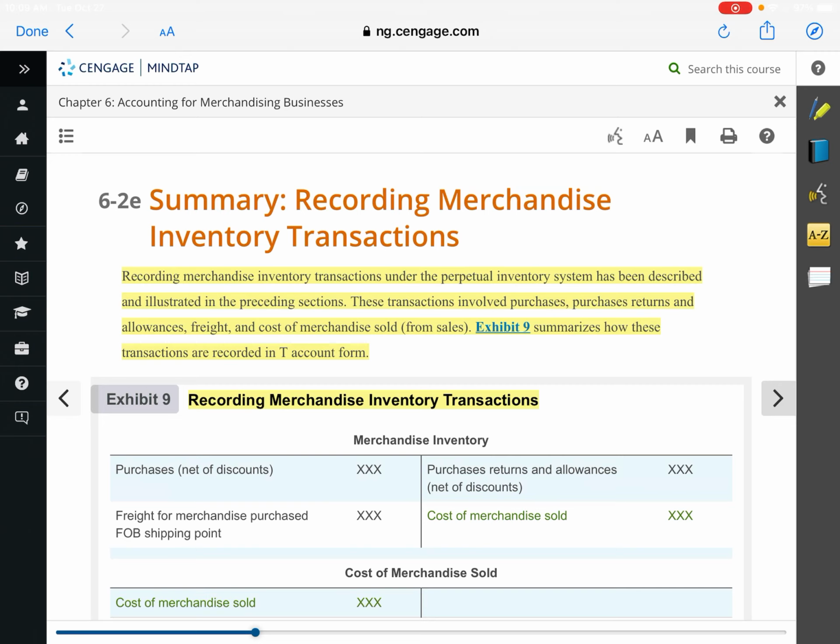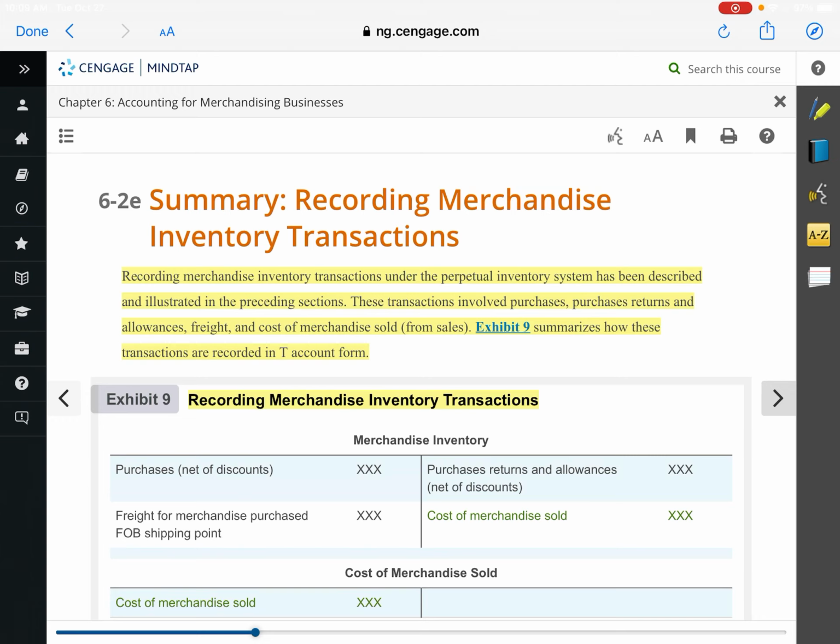Okay? So this is a T account that we're looking at. So these are things that increase merchandise inventory. What are things that decrease merchandise inventory? Obviously, when we make a sale, we're getting rid of inventory in our warehouse. So that's going to decrease it.